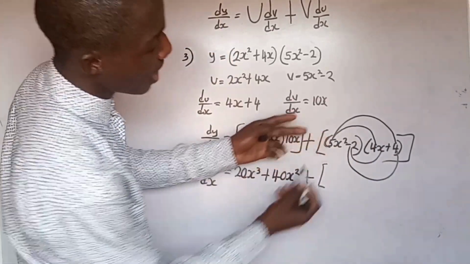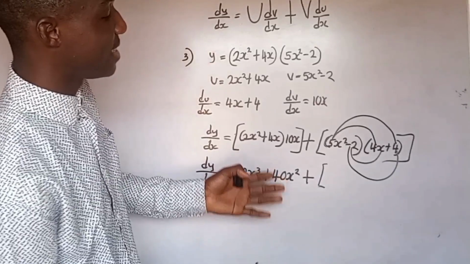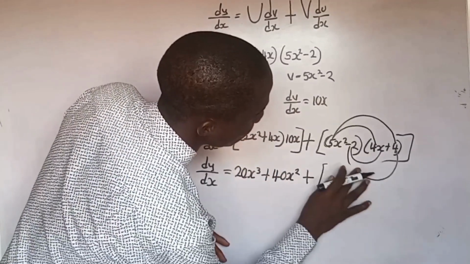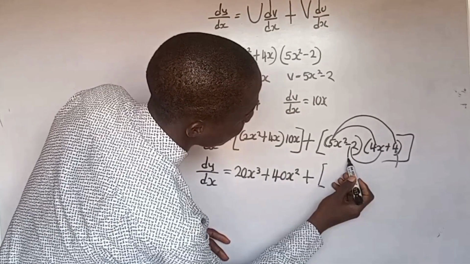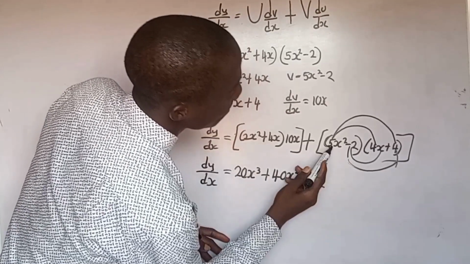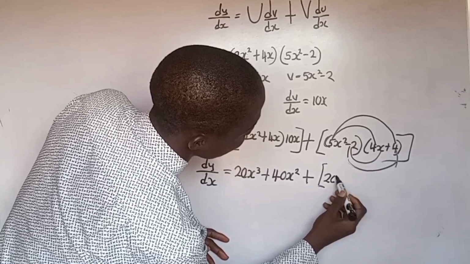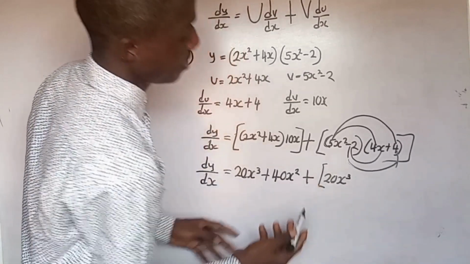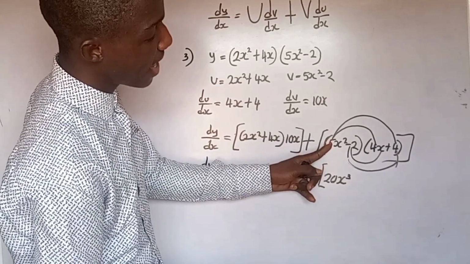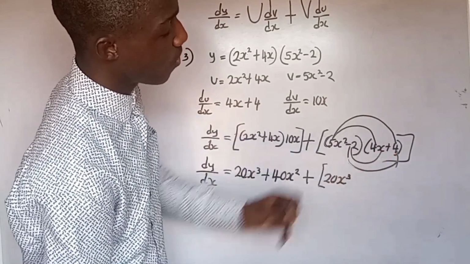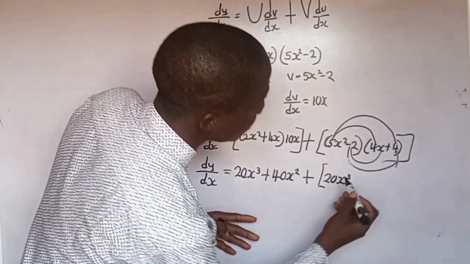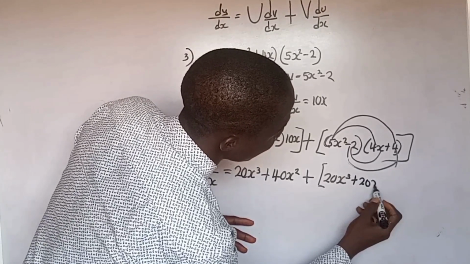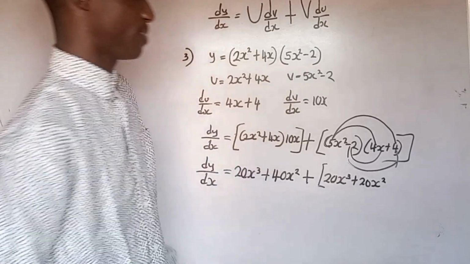Now, 5x squared multiplied by 4x, that is 20x cubed. Now, 5x squared multiplied by 4, that is 20x squared.